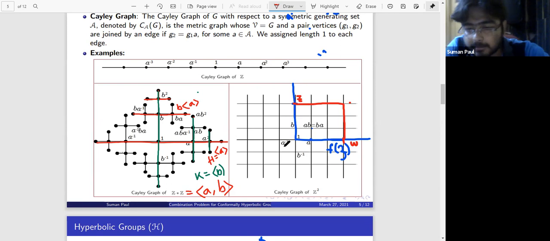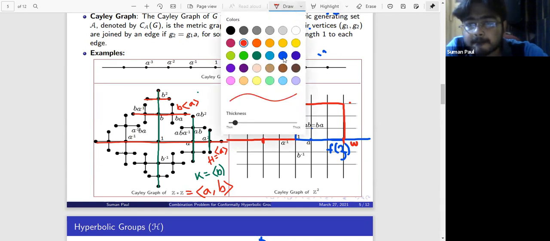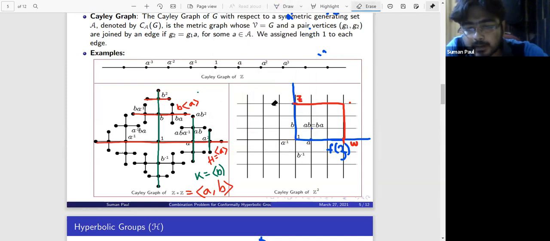So you can say that any geodesic ray will be identified to one geodesic ray. Similarly, consider this boundary point and this boundary point. You can take points from this ray and this ray.